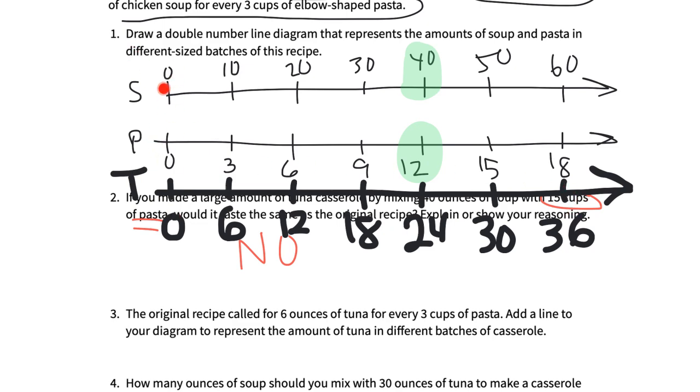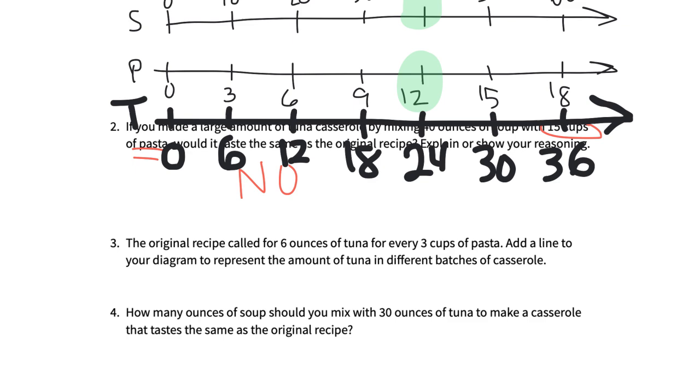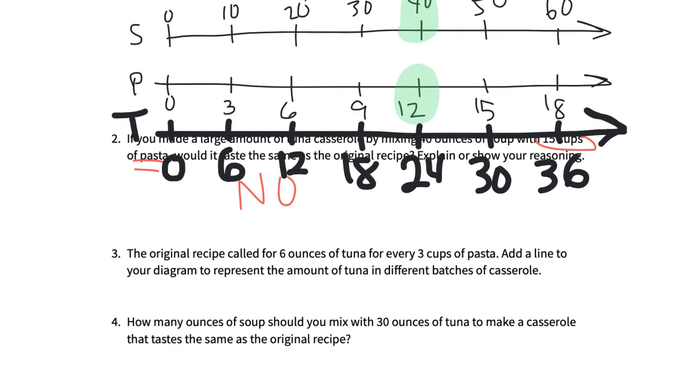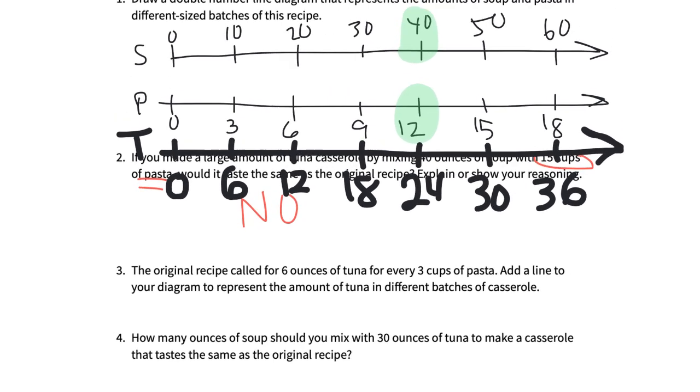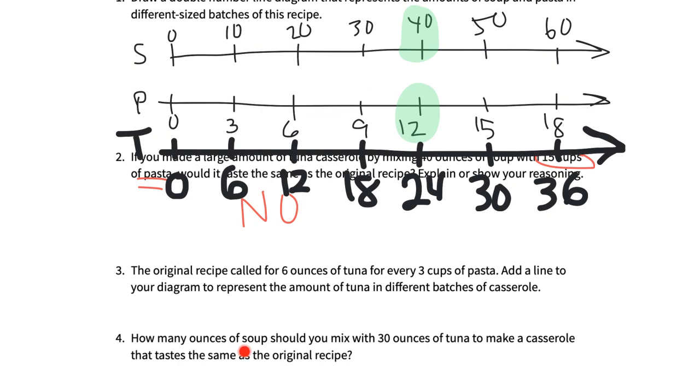So we actually now have a triple number line to help us with equivalent ratios. Now number 4, how many ounces of soup should you mix with 30 ounces of tuna? So where is our 30 ounces of tuna? Well, here is our 30 ounces of tuna, and they're wanting to know how much soup you would need.